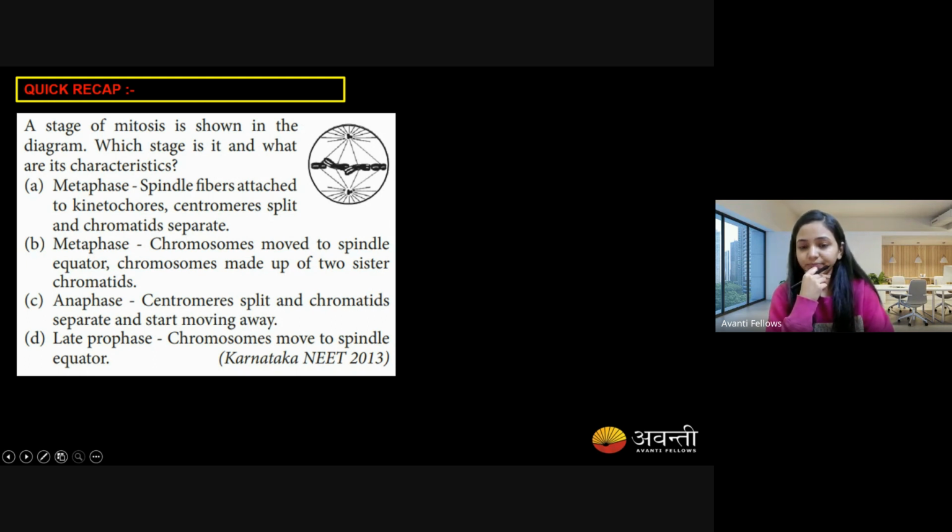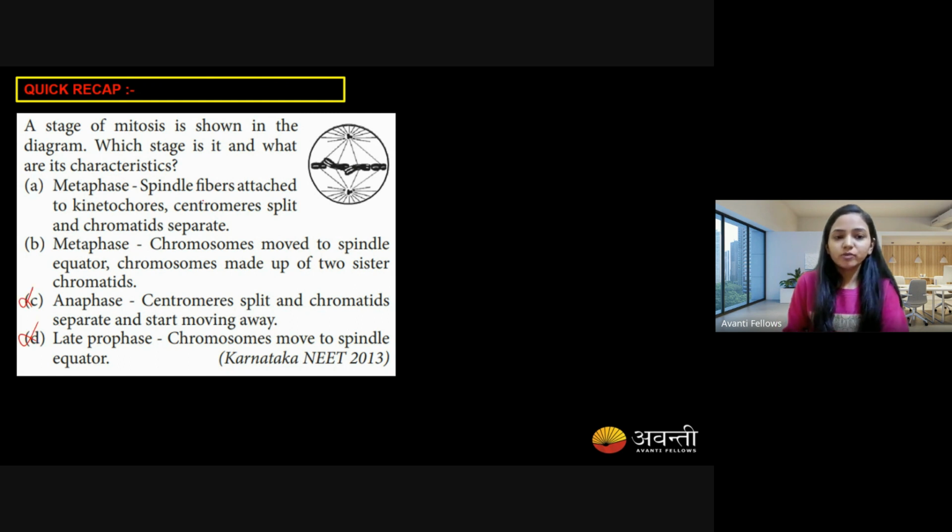Hurry up. Stage of mitosis is given. You need to find out the correct stage with its correct characteristic. We all know all chromosomes are aligned at the equator. That's why this phase should be metaphase. In this point, we can ignore option C and option D.